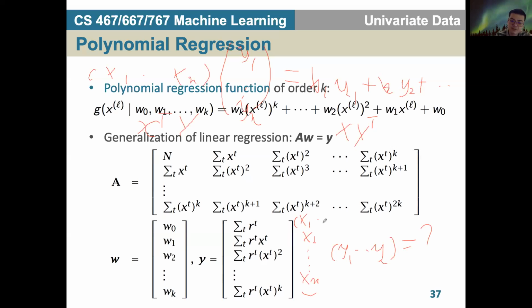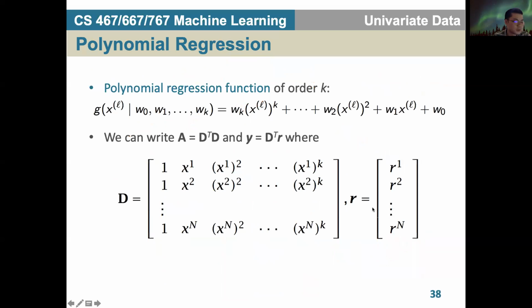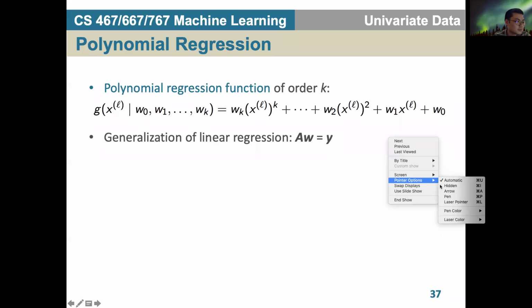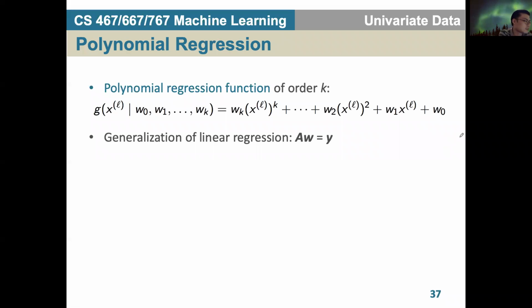I don't think I have enough space to plot, so let me try to clear up some space. Yes, this is called the outer product, previously called the inner product. If you have one row times one column, it equals one value. If you have one column times one row, it equals a matrix.